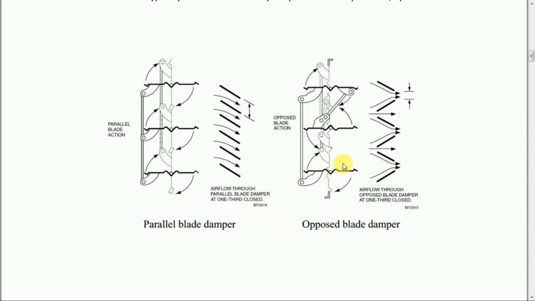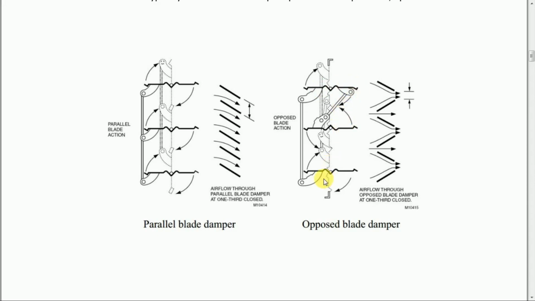And coming to the opposed blade damper, it will be exactly the opposite of what happens in parallel blade dampers. If I move the handle in this direction, like clockwise, see, this blade will be going down. Once this goes down, this link will push this blade. So what will happen? This will move in the opposite direction. So the first blade will be coming down and the second blade will be going up.